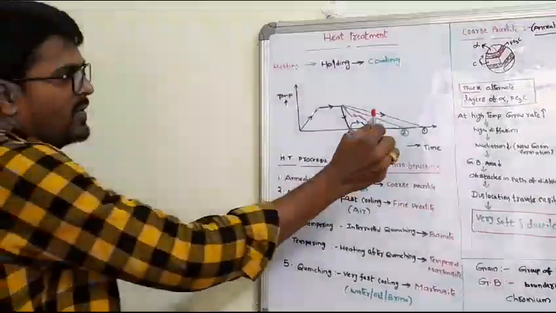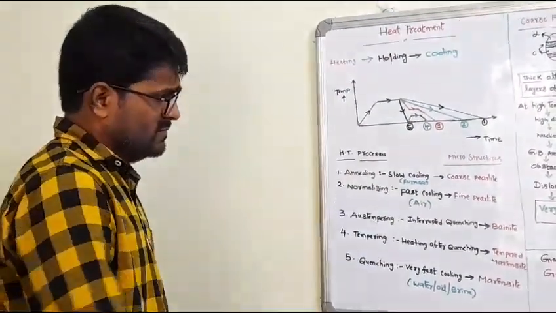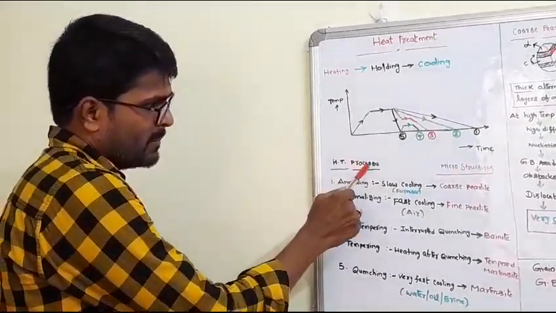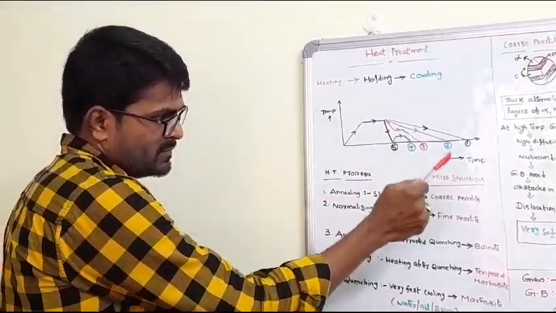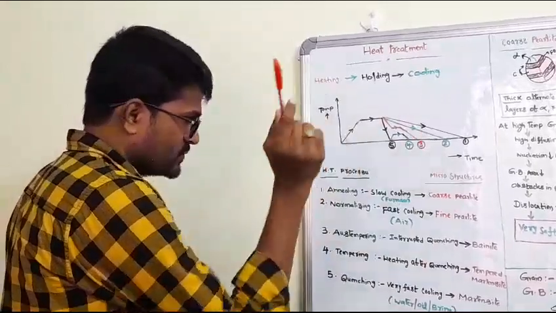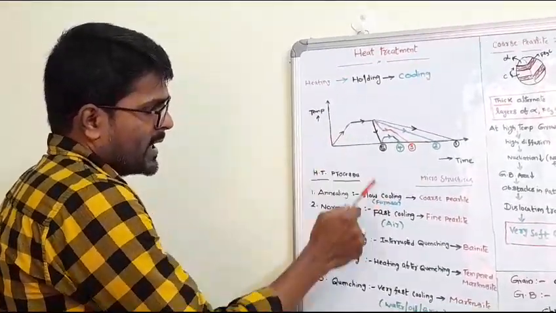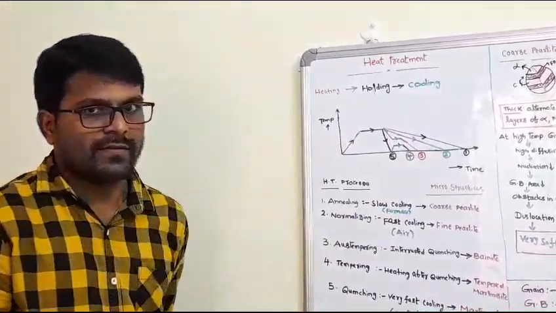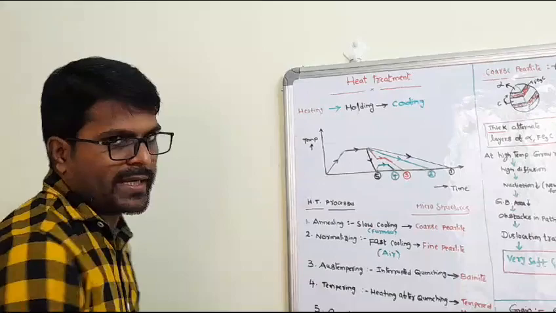process is annealing. This is a heat treatment process, and with this process we get a microstructure through heating and furnace cooling, that is slow cooling in the furnace. We will get coarse pearlite.